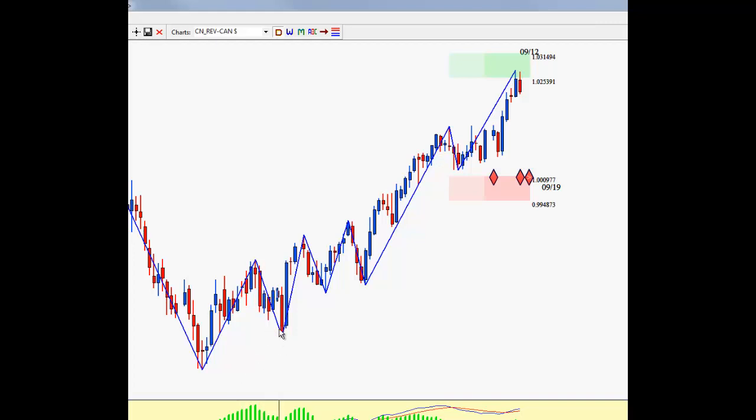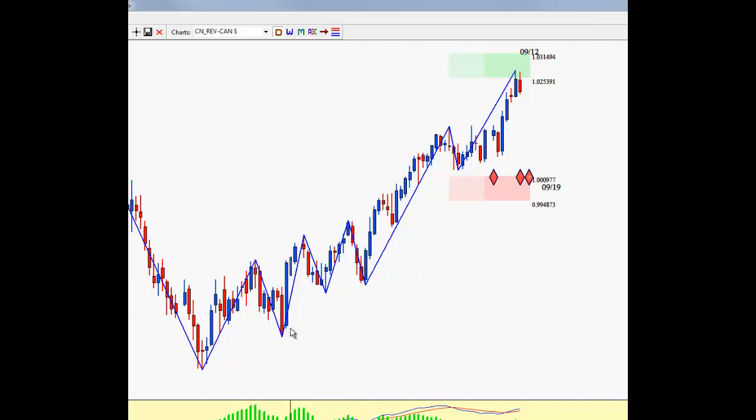But what I want to show here is a characteristic pattern of a bullish trend where you have higher swing bottoms, and you could also have higher swing tops, but more importantly, for a bull trend you want higher swing bottoms.